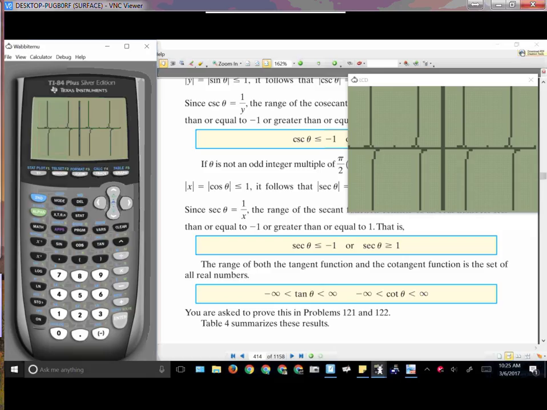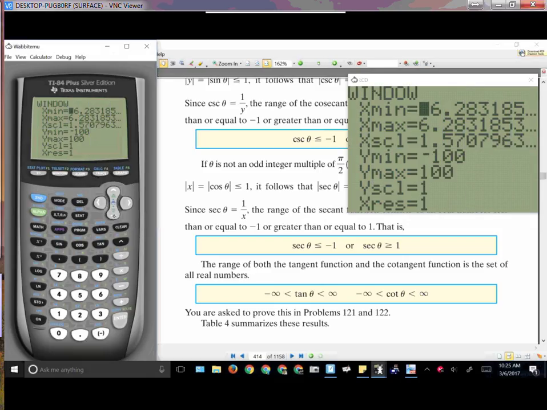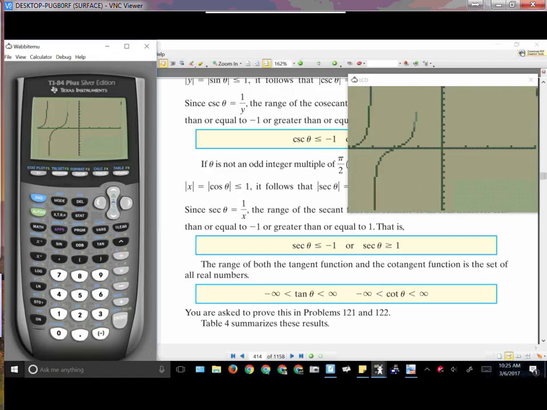Okay. I suppose if you wanted to see it, maybe from -10 to 10 might give a little bit better definition for you, because then you can see the curves that are going on with it. But you definitely get the picture that it's getting to that value and doing that.